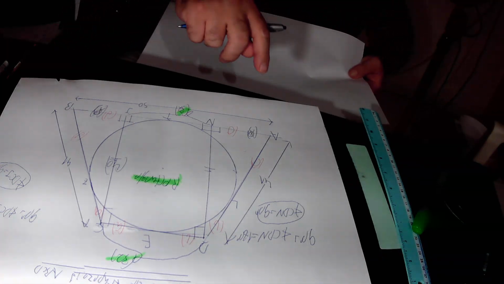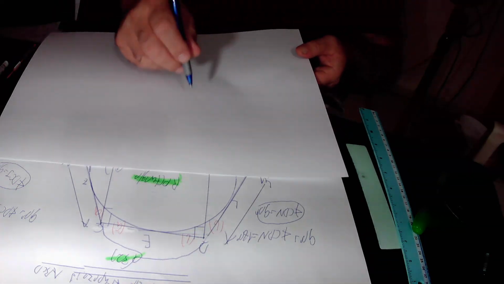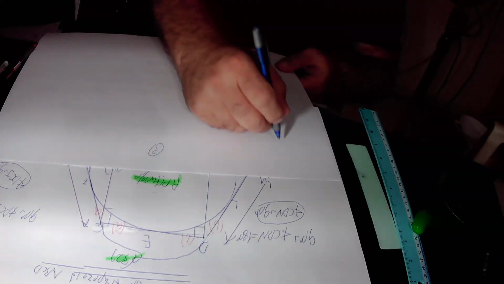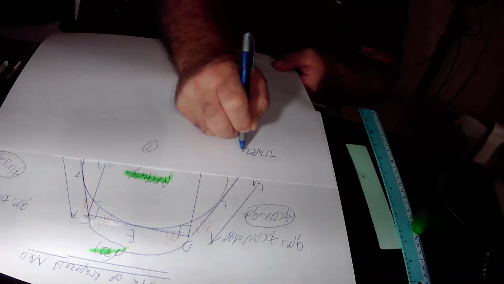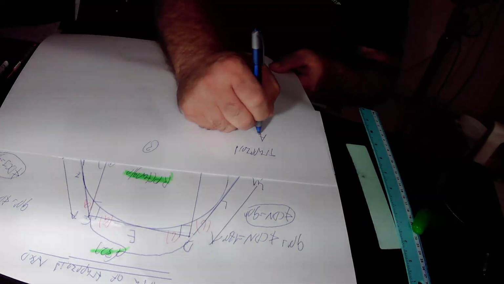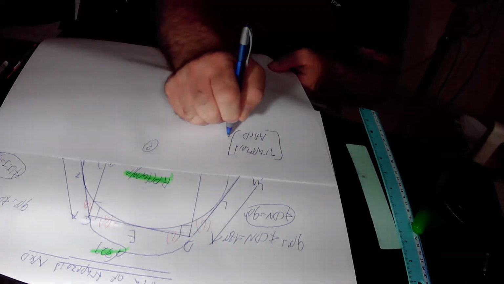Repeat again, the area of this trapezoid ABCD equals the sum of its two parallel bases times the height over 2.